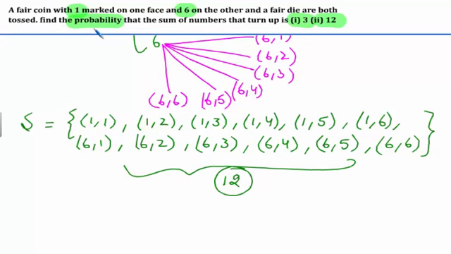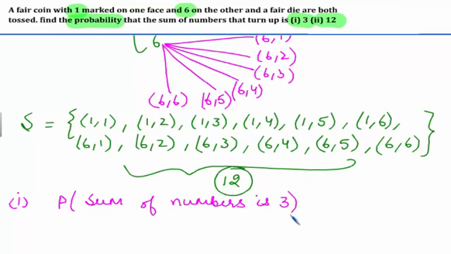Now we have to find the probability that the sum of the numbers that turn up is 3. Now the probability that the sum of numbers is 3. There is only one sample point, the sum of the numbers of which is 3. 1 plus 2 is 3.